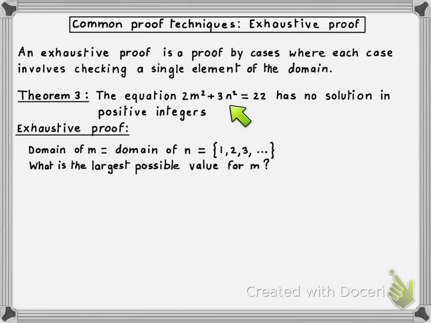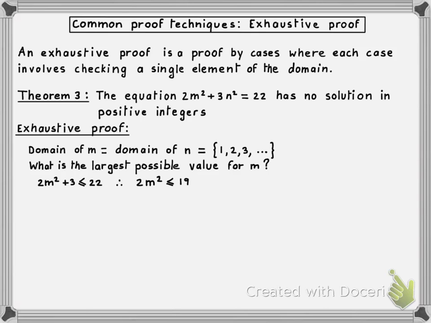If we subtract 3 from 22, we get 19. So what does that tell us? That tells us that 2 times m squared must be less than or equal to 19. Otherwise, you would go over 22 for the total, and you would never solve the equation. Now, with this inequality, we are able to find the maximum value for m that satisfies it.